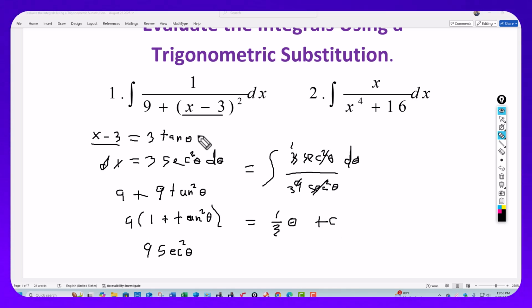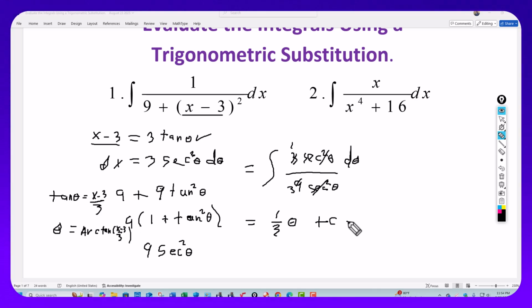Then from this substitution here, that would tell me that tangent of theta, dividing by 3, is x minus 3 over 3. Take the inverse tangent at both sides. On the left side I get theta, and on the right side I get inverse tangent, which I'm going to write as arctangent of x minus 3 over 3.